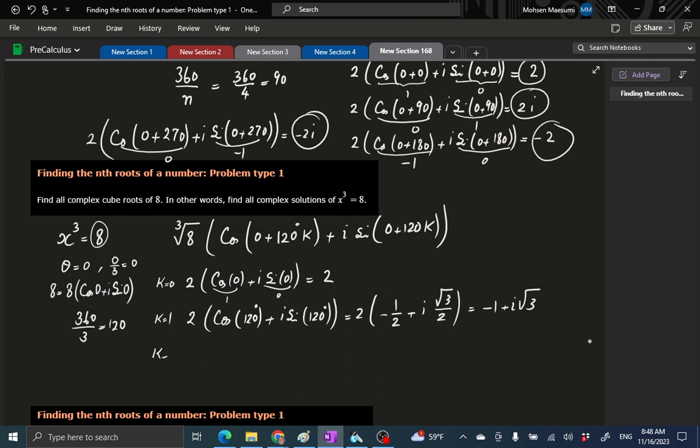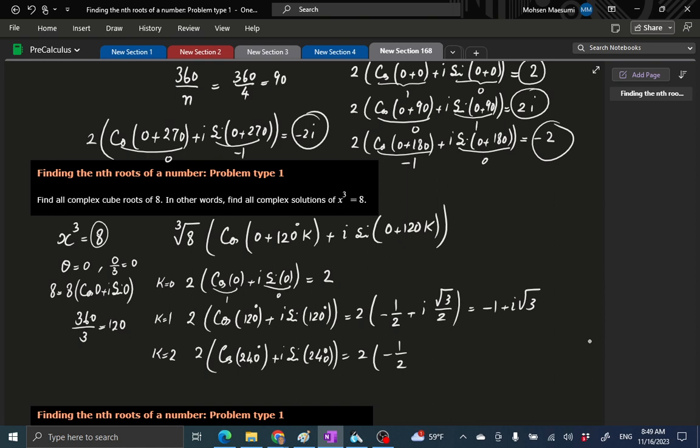Next and last, k is equal to 2. So we get 2 times cosine of 0 plus 2 times 120. That's 240. Plus I sine of, angle's always the same, 240. Cosine of 240, same, minus a half.